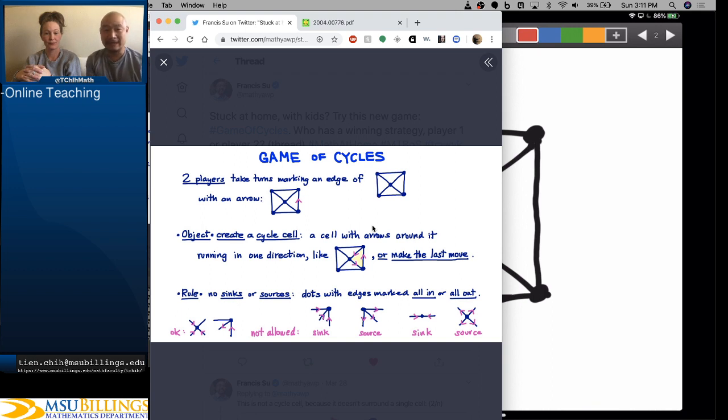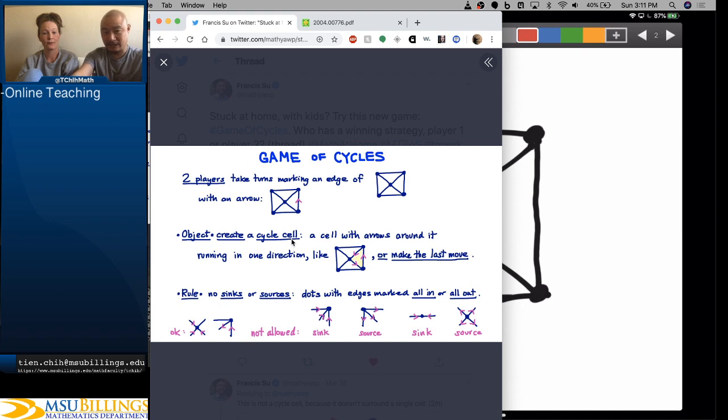The rule for Game of Cycles is you start with a board, a bunch of vertices connected by edges, a mathematical object we call a graph, and the players take turns drawing arrows on the board. There are two ways you can win. One is you can complete what's called a cycle cell.